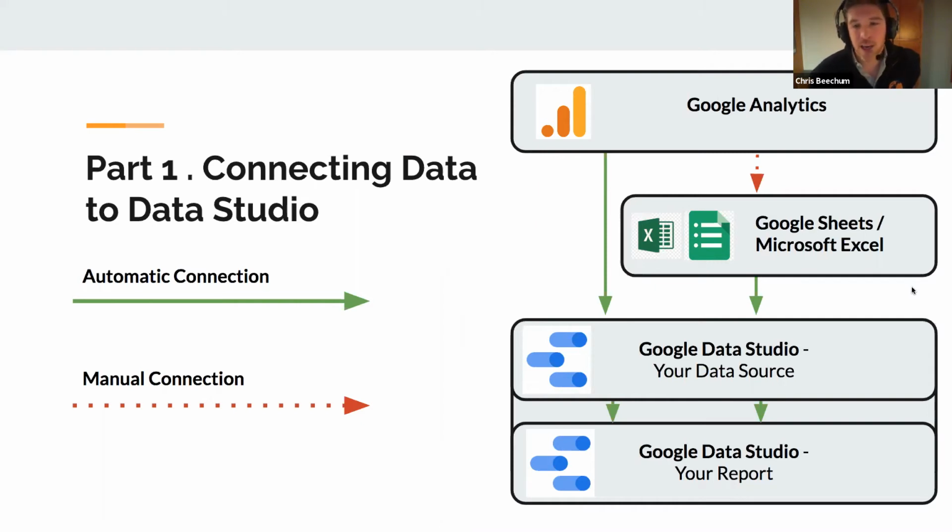And then once we get into the Google Sheets, we can connect it to the Google Data Studio. See this red line here, that represents manual work, having to copy paste something. That's what we're trying to avoid. The whole point is we want to get everything connected to Google Data Studio, but if not, there's always a workaround.